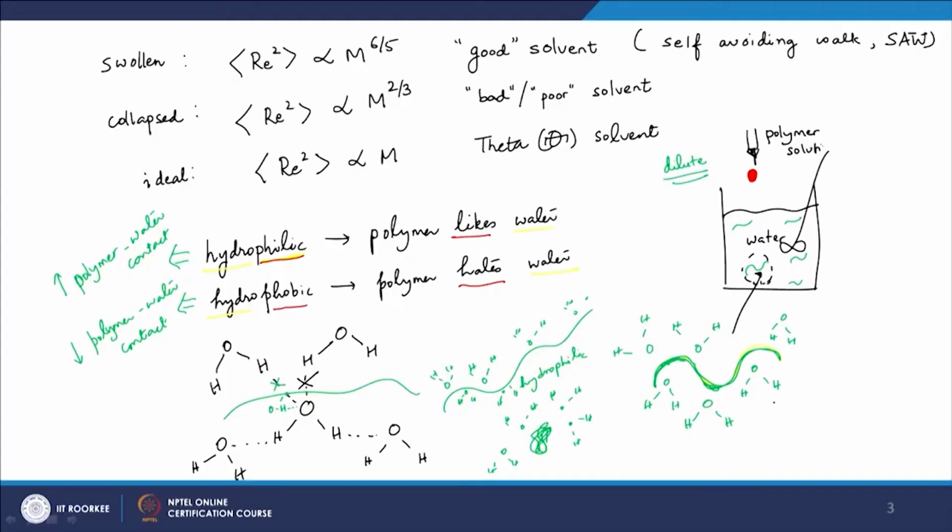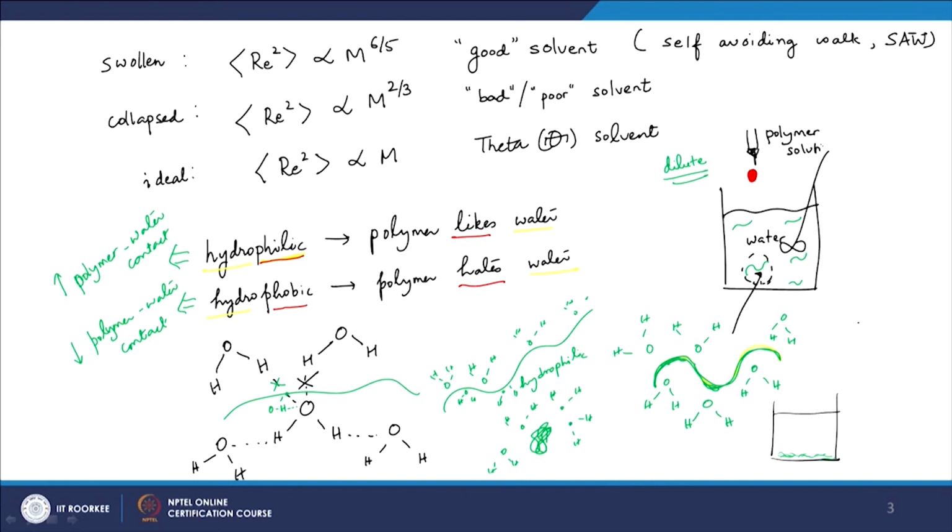What we will have in the case of a hydrophobic polymer is the polymer chains will simply settle at the bottom and the water molecules will still fill the beaker.